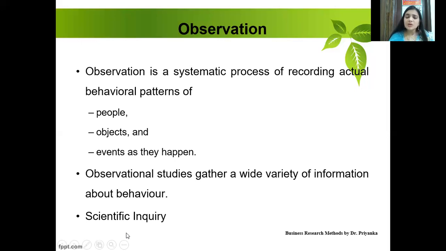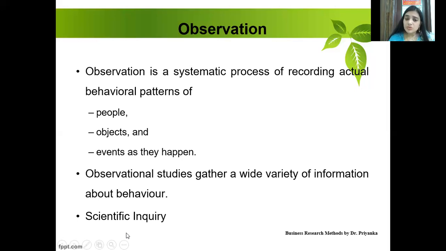When it comes to scientific inquiry, validity and reliability are very important things. If something is not valid and not reliable, then you cannot trust it and you cannot generalize it. So it is not going to become a scientific inquiry then. When we say that this source of information is reliable, you generally use it, right?